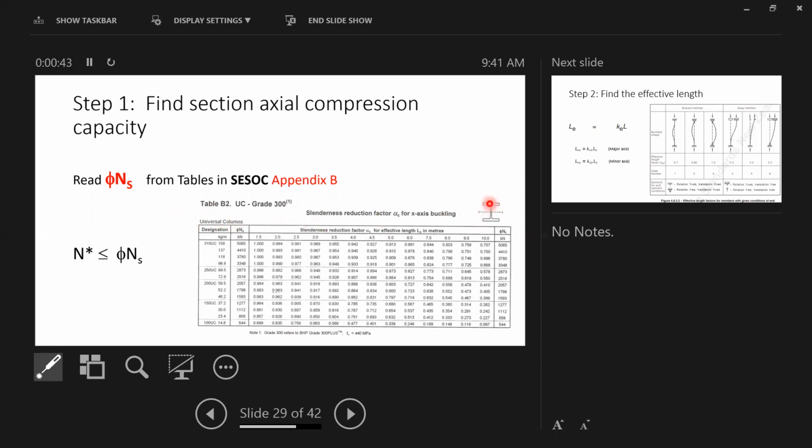And if you have other sections, you can find the suitable table and read the numbers from that table. So we choose our member. For example, we have 200 UC 59.5, and we can read phi Ns, which is the section axial compression capacity, which is 2057. And you compare it with your axial force, design axial force.